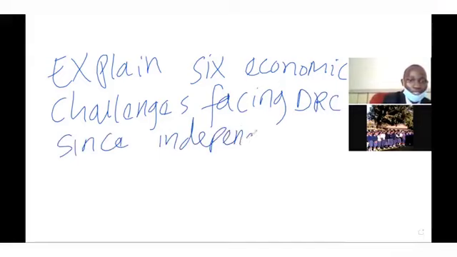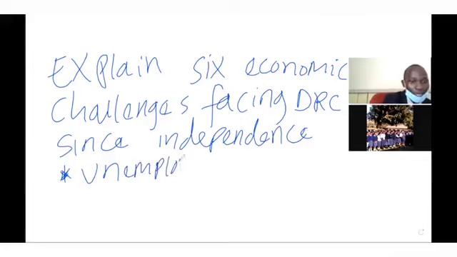Maybe a student would write this, maybe the first point, the student can talk about unemployment. When you talk about this point, you have already stated the point. But now explain. Maybe you can say there is a lot of unemployment in DRC. There are many youths who are unemployed, and you will score a mark.